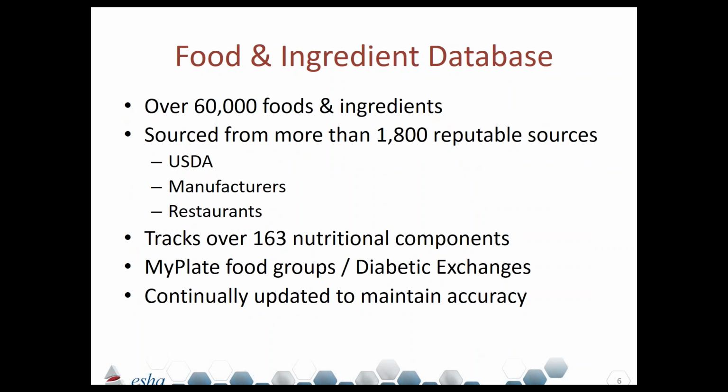With the Genesis application, we do have our ESHA database that has about 60,000 items. Actually, I believe it's over 70,000 items now. Sourced from more than 1,800 reputable sources, including the USDA, a lot of manufacturers and restaurants, Health Canada. We have a UK database as well. We track over 163 nutritional components, including MyPlate, diabetic exchanges, and we're continually updating the database for accuracy.